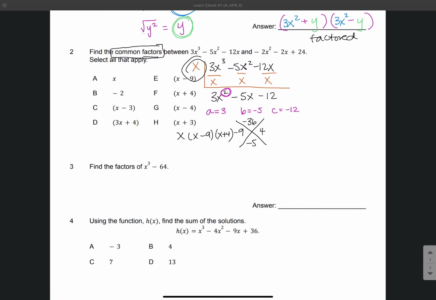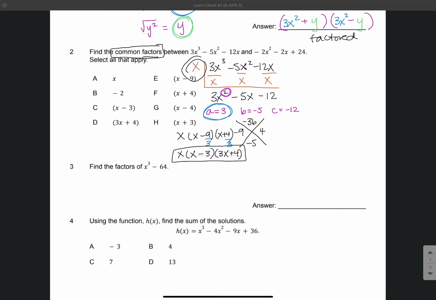But then you got to remember to divide by your a. So in this case, our a is 3, so we're going to divide by 3. So that means we end up getting x times x minus 3. This one did not simplify, so 3x plus 4. So these are the factors. There's 3 factors for this first problem.